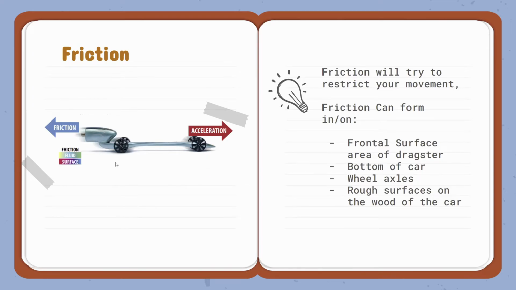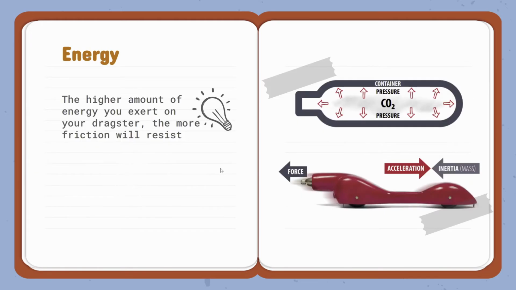It can also apply on the wheel axles, which is really important, which is why you have to cut your wheel axle holes properly. Otherwise, the axles could result in a lot of friction inside of the hole, and it could slow down your car a lot. And lastly, rough surfaces on the wood of the car, such as if there were bumps on this car, then that would also result in a lot of friction created, and it would slow down the car.